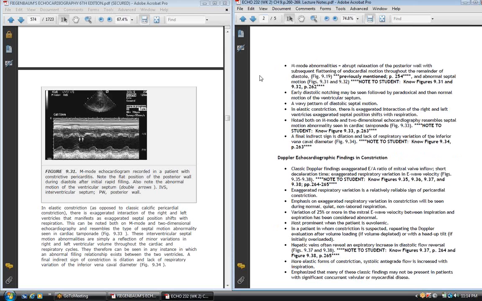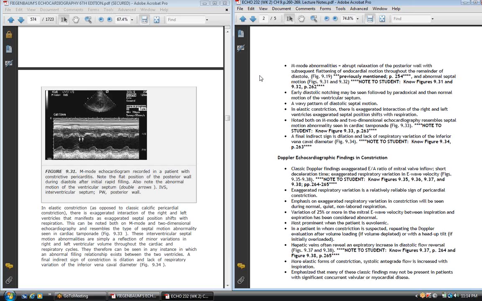M-mode abnormalities: abrupt relaxation of the posterior wall with subsequent flattening of the endocardial motion throughout the remainder of diastole, and abnormal septal motion, figures 9-31 and 9-32. So figure 9-31 on your left-hand side, this patient has constrictive pericarditis. Note the flat position of the posterior wall during diastole after initial rapid filling.